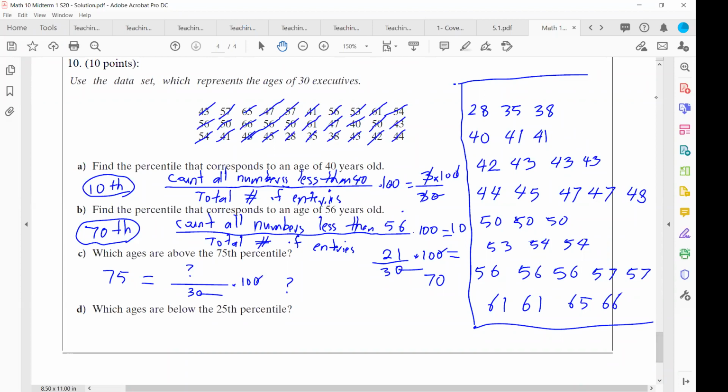Your question mark is equal to 3 times 75 divided by 10. If you simplify this fraction by 5, you get 3 times 15 over 2, so you have 39 divided by 2, which is 19.5. The closest number to 19.5 is going to be 20 if you round it up.